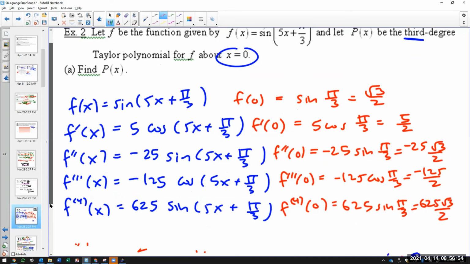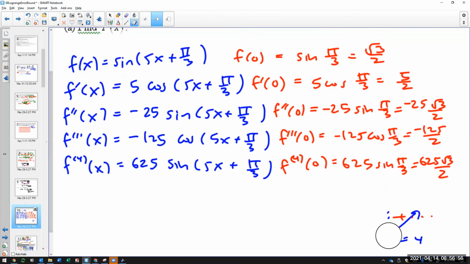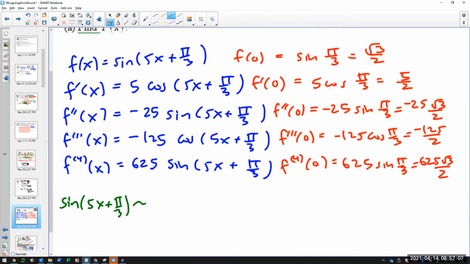And so what they asked me to do is put this into a Taylor series. So sine of 5x plus pi over 3 is approximately equal to, I'm converting this function into a sum of polynomials. So this is equal to f of c, that's square root of 3 over 2, plus 5/2.